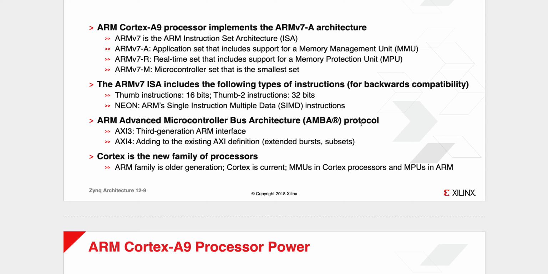It is used to support burst data transfers for improved speed and efficiency. So AXI3 is a third generation ARM interface which is used to support the movement of burst data for speed and efficiency purposes.